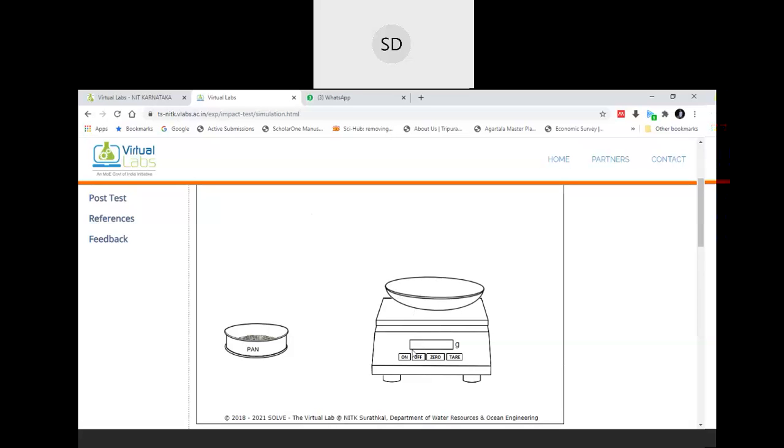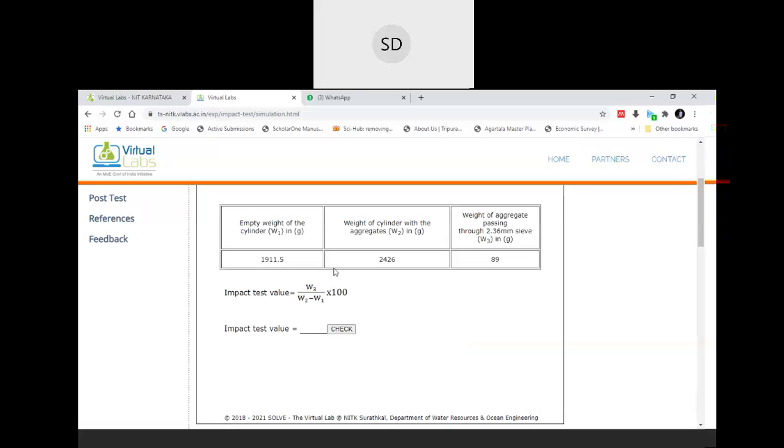So the original weight of the aggregate was 350 gram, and the aggregate passing through the 2.36 mm sieve is 89 gram. So your aggregate impact value would be (W3 minus W2) divided by (W2 minus W1), into 100. That is like your previous crushing value test.